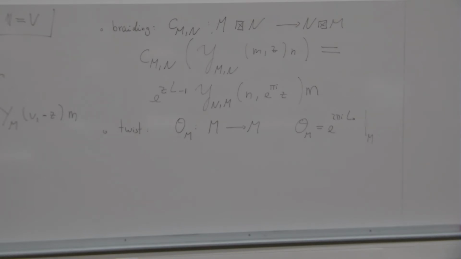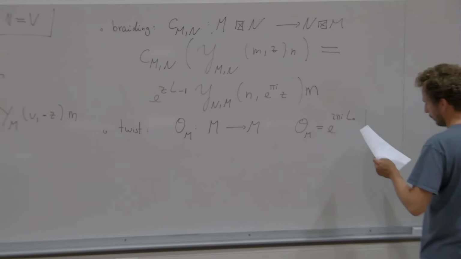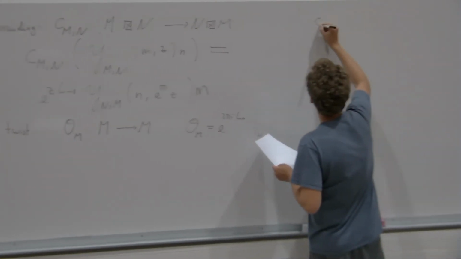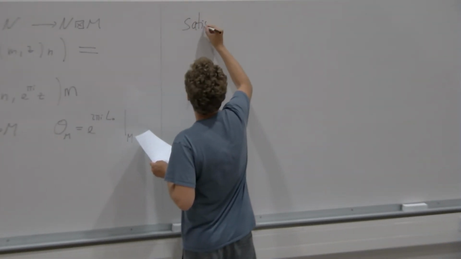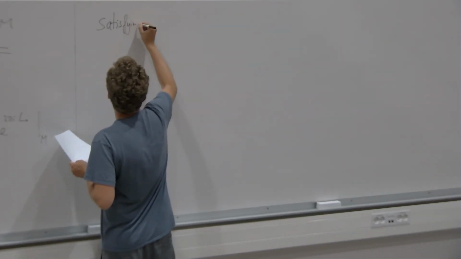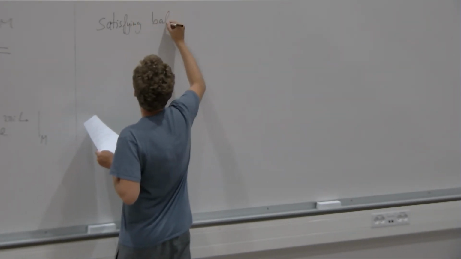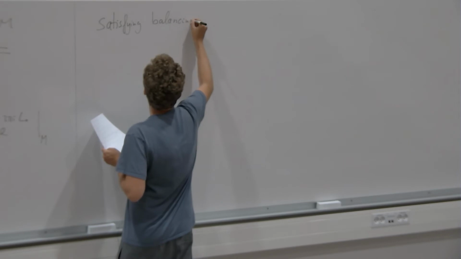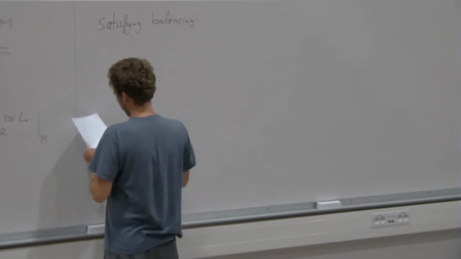Gregor? Compatibility with tensor product. Yeah, right. It actually satisfies many nice properties. I probably didn't ask that well enough. I wanted to hear balancing. And balancing is the following.